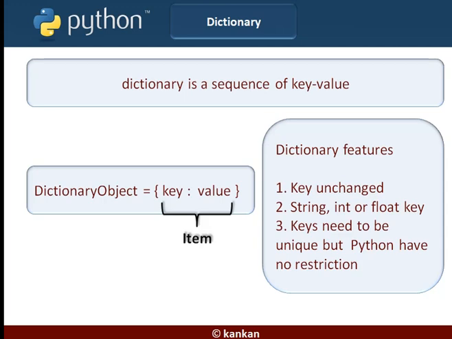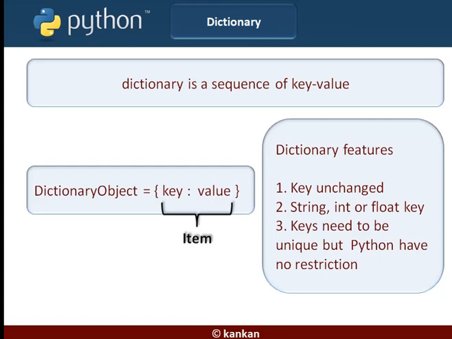That means whichever key is found first, that value will be retrieved, and the rest of the keys with the same key value will not be retrieved. So the next key, if it is repeated, has no meaning in a dictionary.